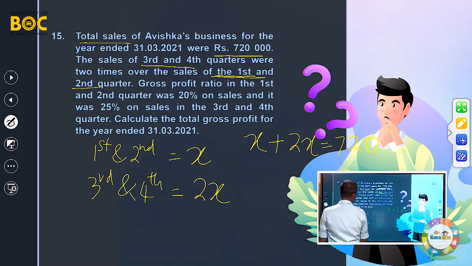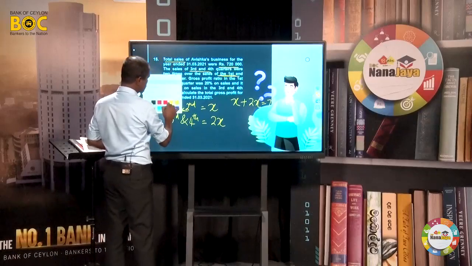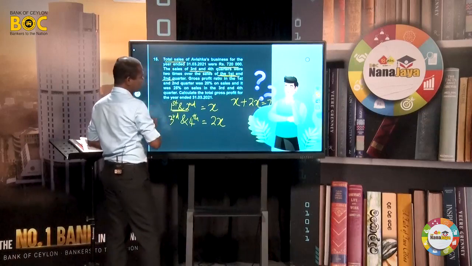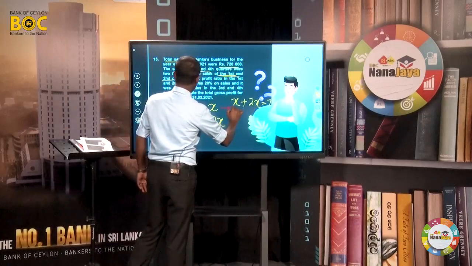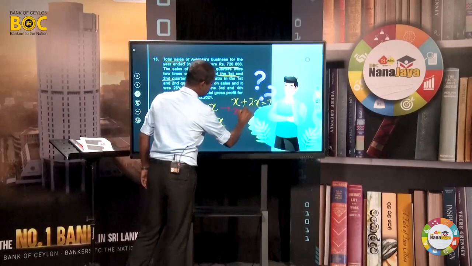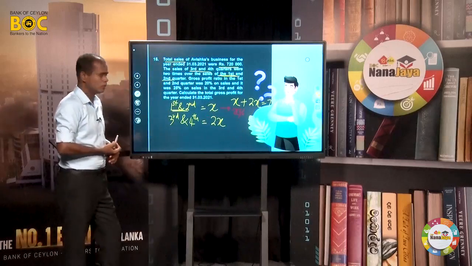The gross profit ratio of the first and second quarter is 20%.